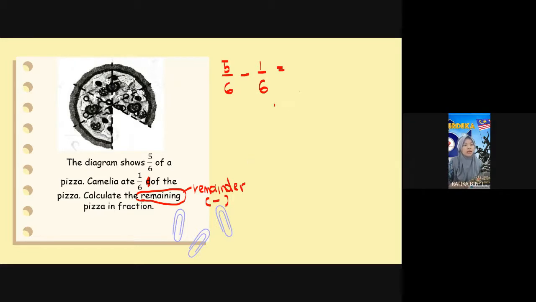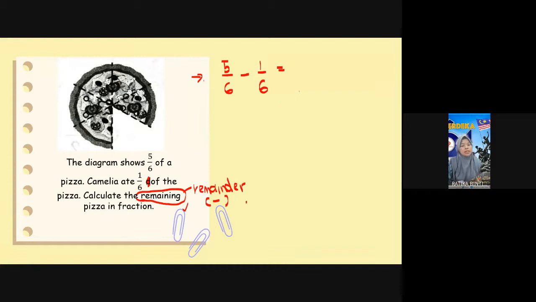Okay, so calculate now. The next part, you have already identified the keywords. You have written down the number sentence. The next step that you need to do is you need to calculate.